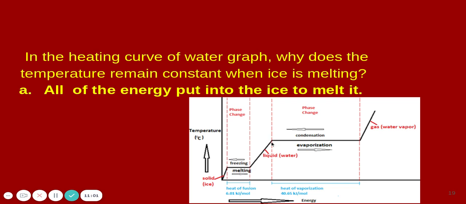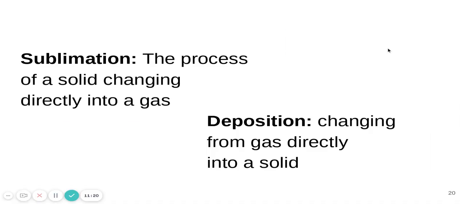And then it flattens out again, and this is where all the energy is going into turning the liquid into a gas. And then once all that's into a gas, then the gas temperature starts to increase. So that flat area is all about energy changing the phase of the material.